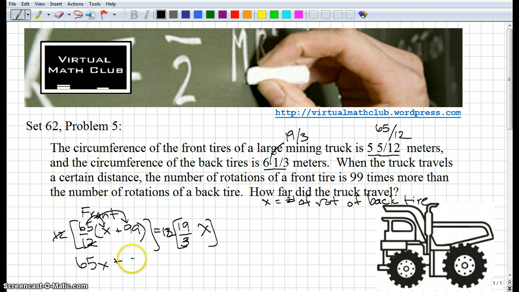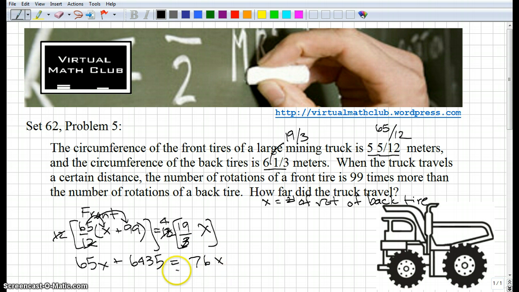So turns out that is 6,435. Okay? And then we multiply this by 12, so this becomes a 4. So 4 times 19 is actually 76. And then we have this x, so 76 times x.